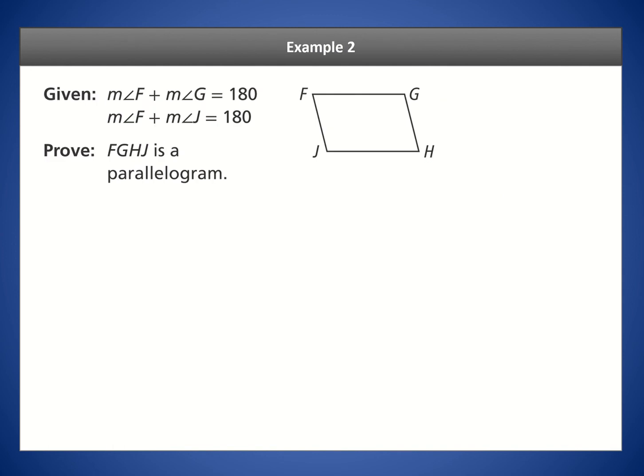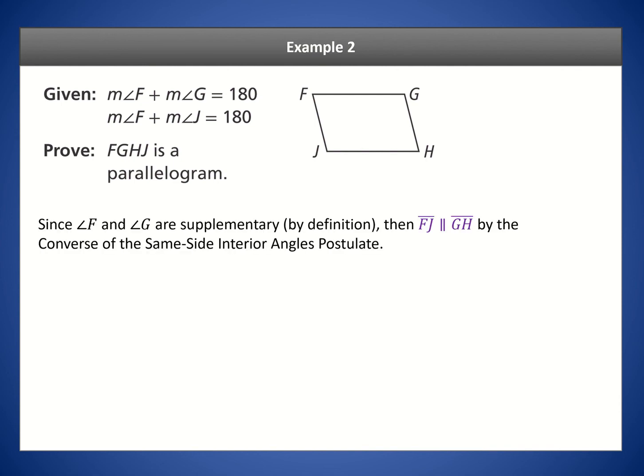Looking at this example, they state that F and G add up to 180, and F and J add up to 180. So let's prove that it's a parallelogram. First, we know that F and G are supplementary because by definition, if they add up to 180, then they're supplementary.